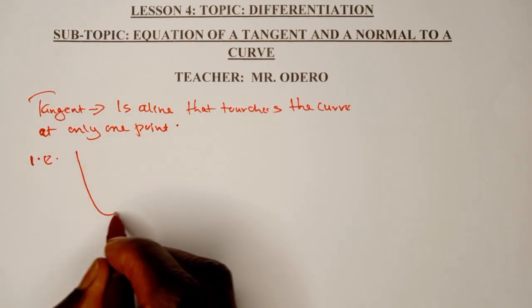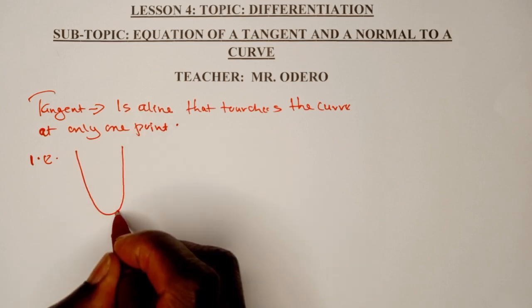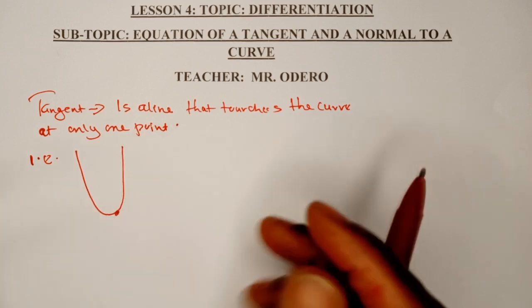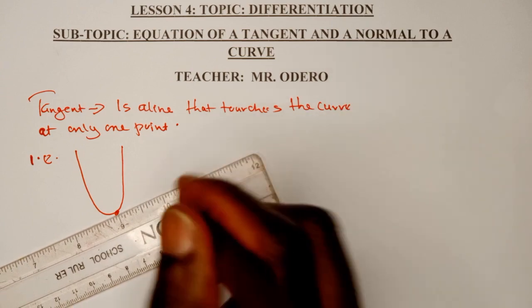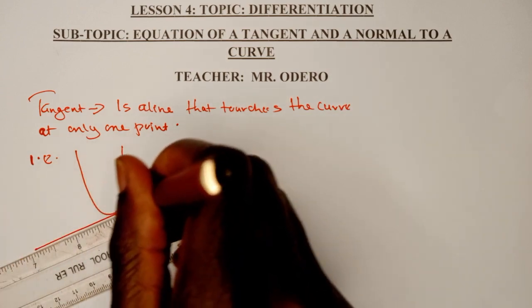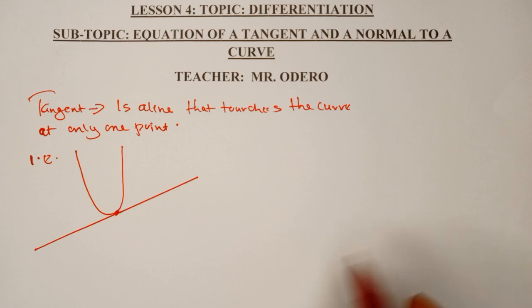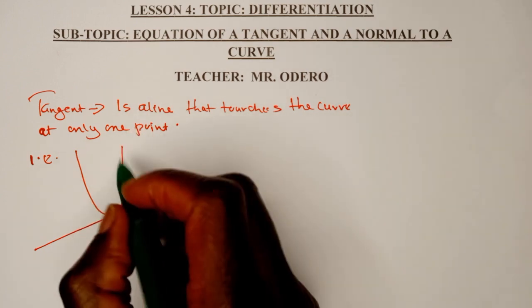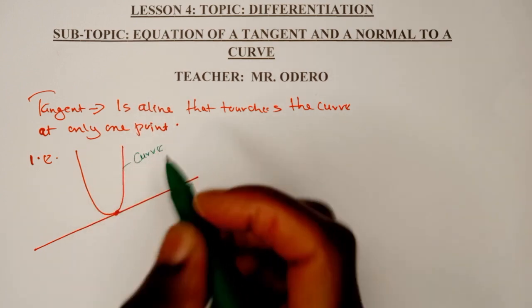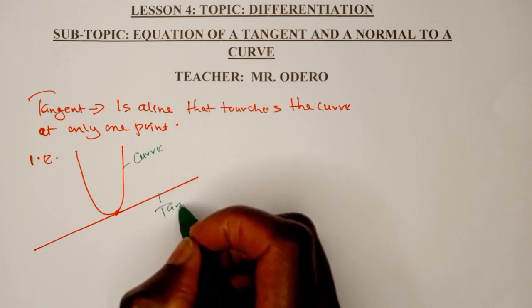If this is my sketch, then there is a point here. Then there's a line passing through that point. So this one becomes my curve, and this one is the tangent.